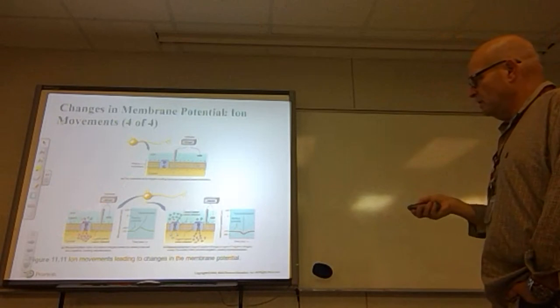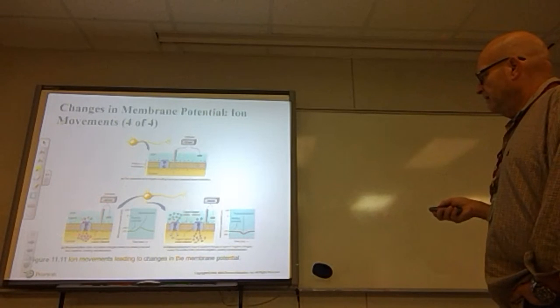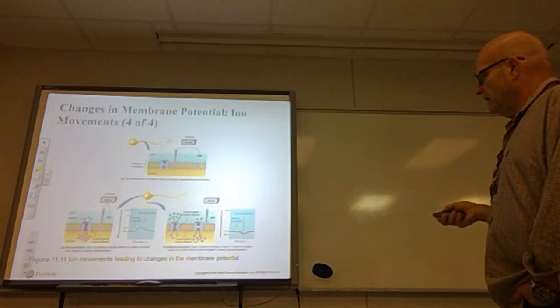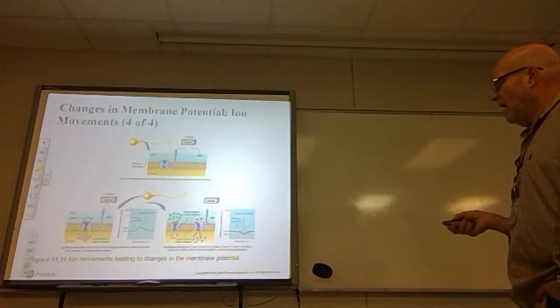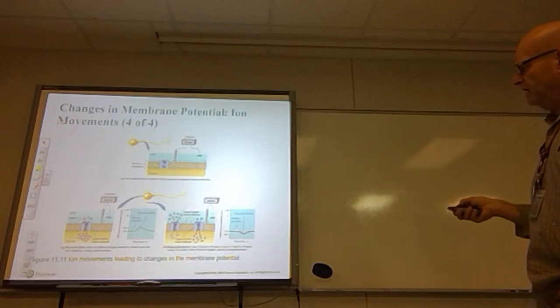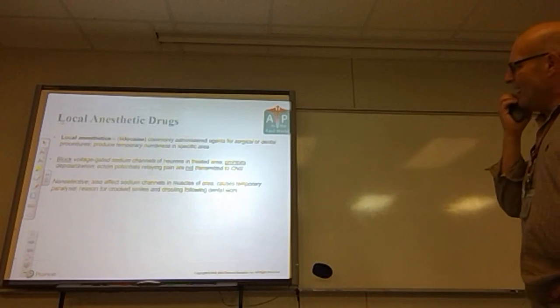So the voltage is going down. Then the ligand-gated anion channel starts to move, and we're actually going the other direction. So hyperpolarization. We're now more negative than we were at our resting potential.